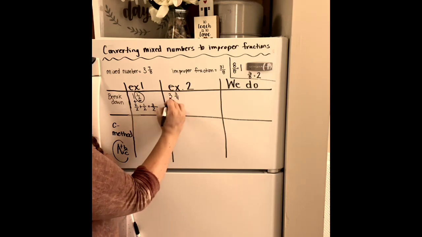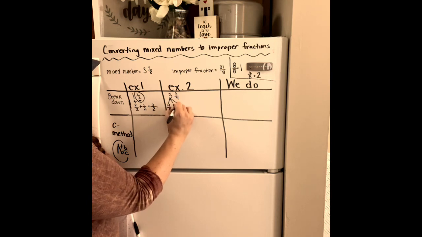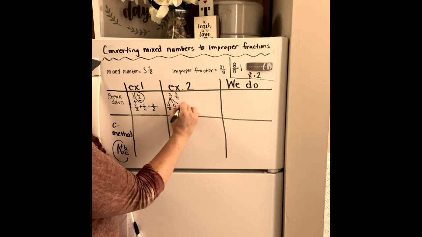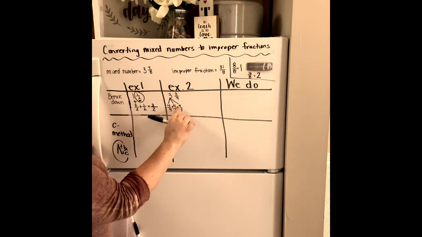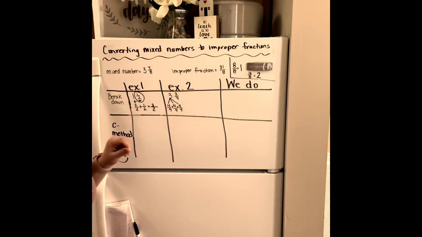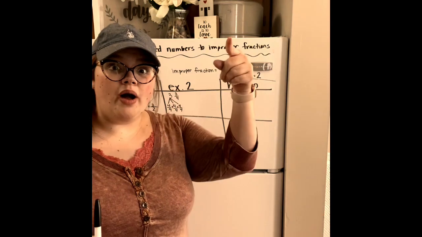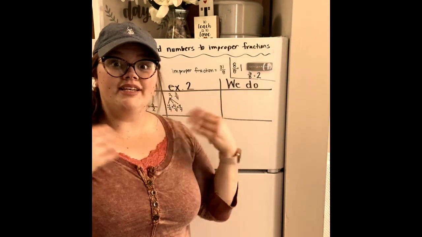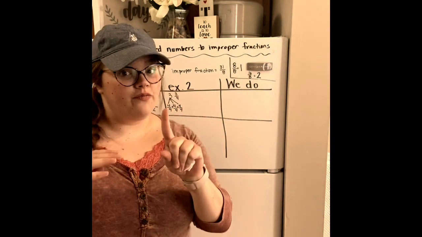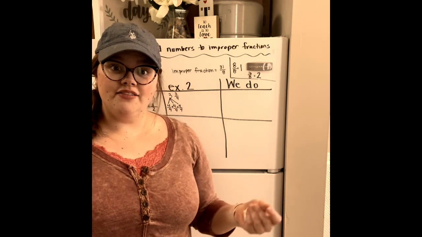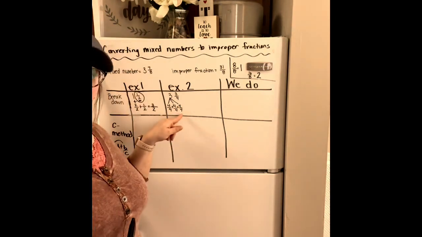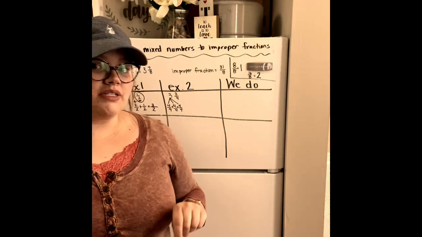Each one of those wholes is going to be 4 fourths, 4 fourths, and 4 fourths. So when I add them together, I get 12 fourths. And if you think about it, 12 divided by 4 is 3. Remember, fractions are another way to represent division.